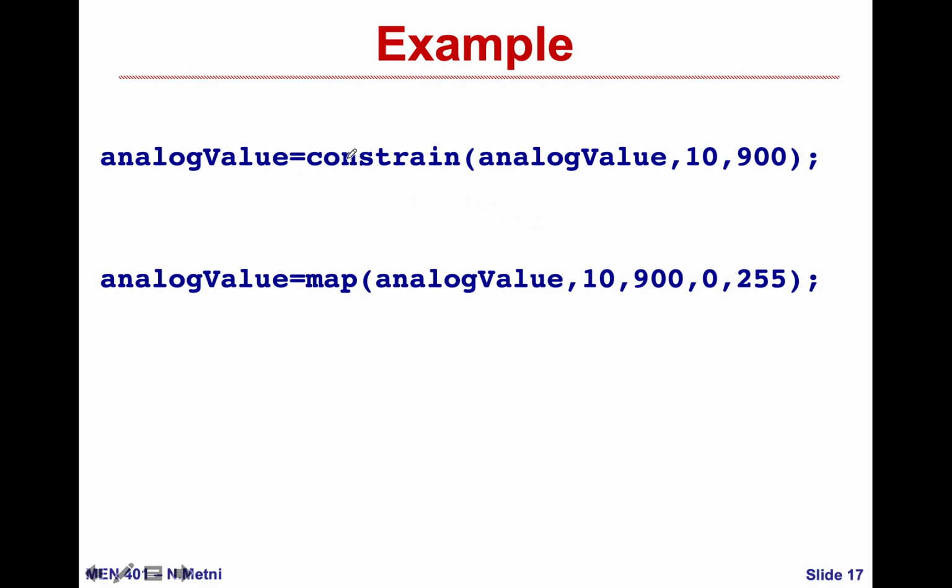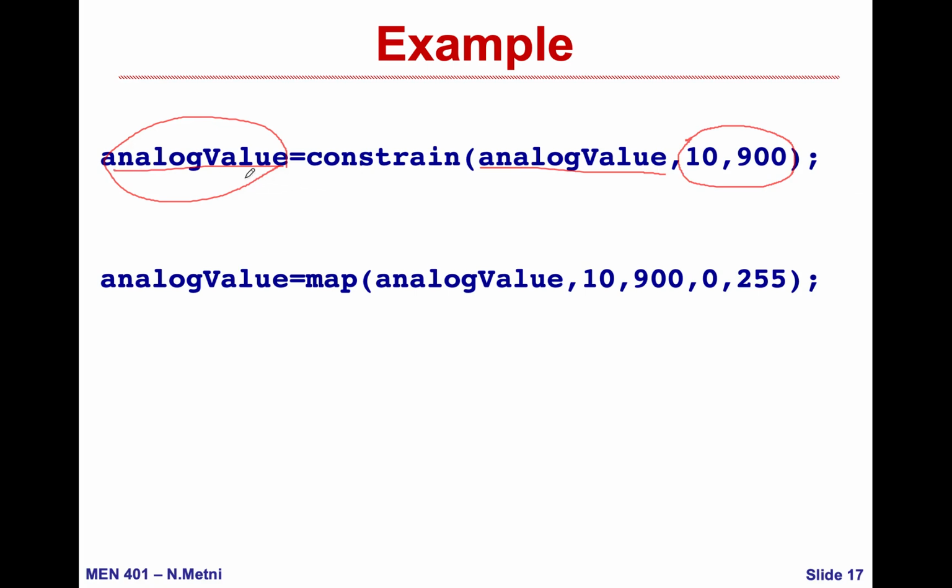So I will constrain my analog value to the 10-900 interval. Anything in between will stay the same. Less than 10 will be equal to 10. Larger than 900 will be equal to 900. And I will put the value in the same analogValue variable. I can put it in another variable, but it can be the same variable.